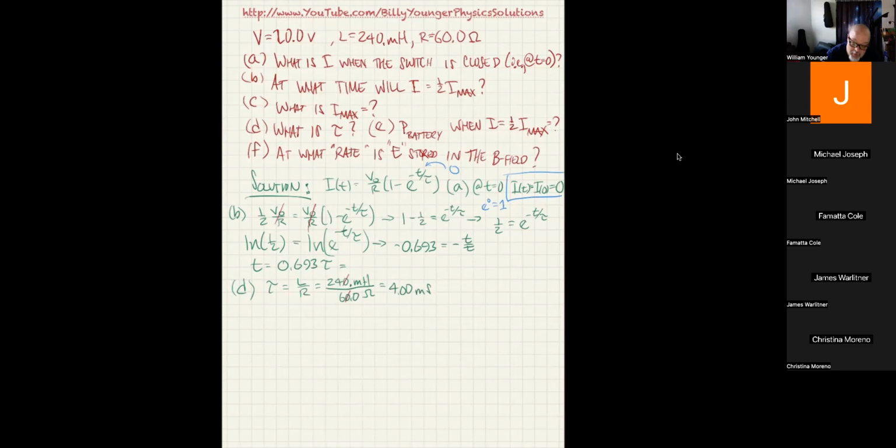Well, what really happened? Well, we know, for instance, that V is equal to negative L di dt. So from that, we can figure out that the unit of L must be, this is di over dt, sorry about that, volts times seconds per amp.